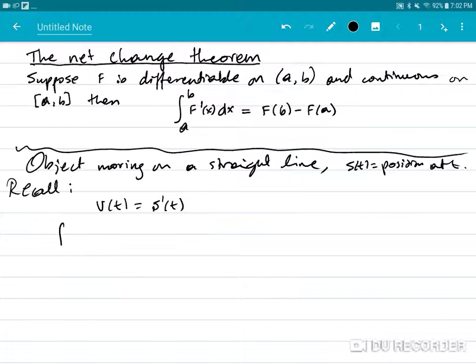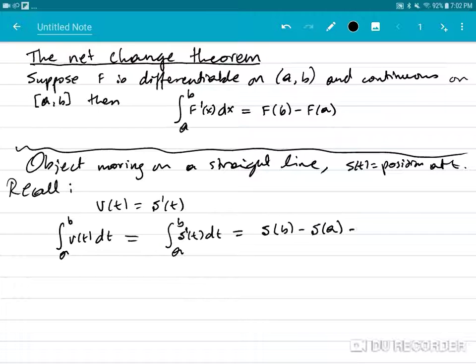So let's say you want to integrate the velocity function from a to b. You're essentially integrating the derivative of the position function. So the net change theorem tells you this is the position at b minus the position at a, which tells you that this is the displacement of the object.